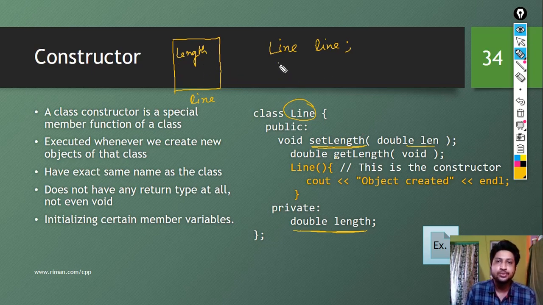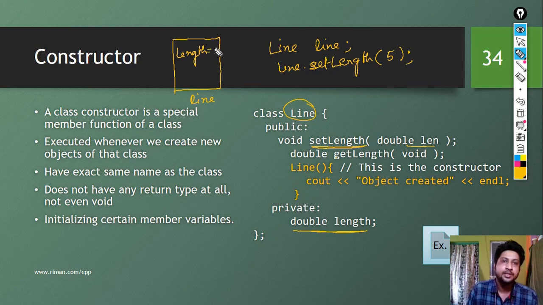So we used to write L1 dot set length, suppose 5. It will set the instance variable of this object to 5.0. There is no other way to create and initialize the object at the same time. Here comes the working of the constructor.